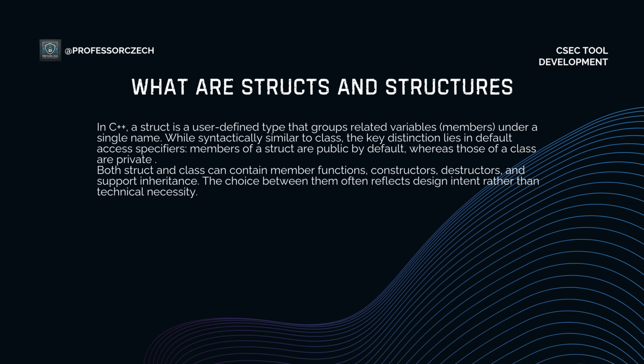Members of a struct are public by default, whereas those of a class are private. So both a struct and a class contain member functions, constructors, destructors, and support inheritance. The choice between them often is reflected in the design intentions rather than the technical necessity.